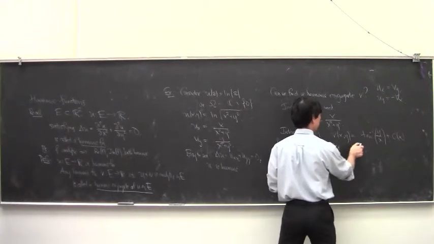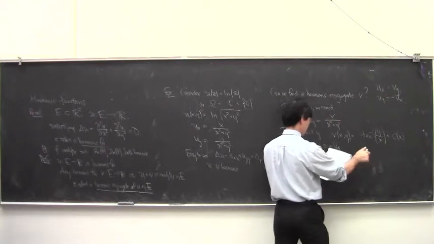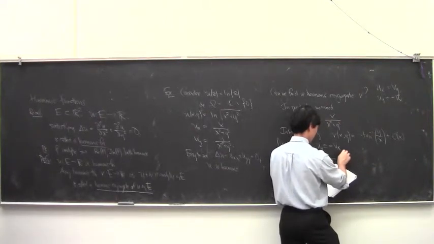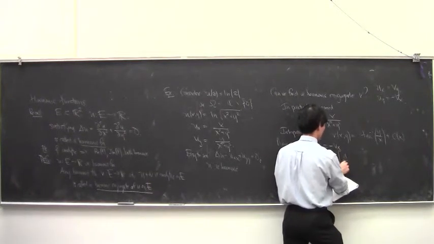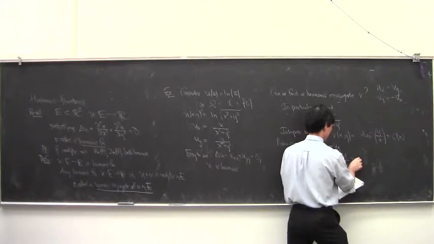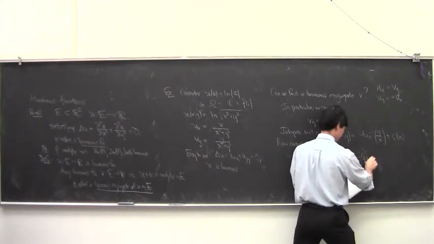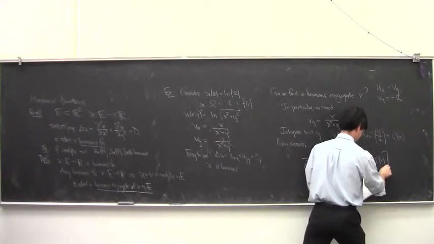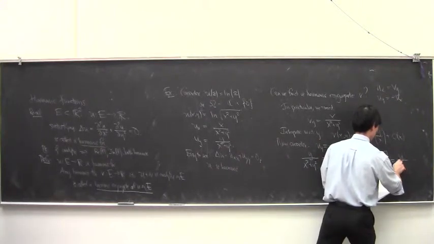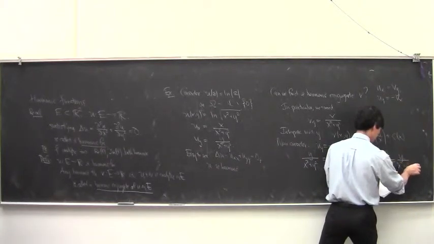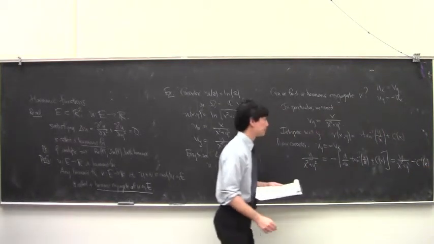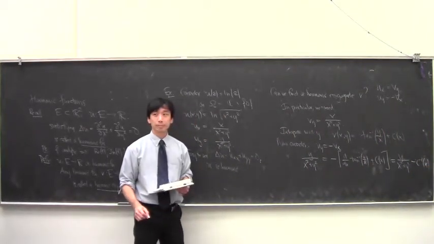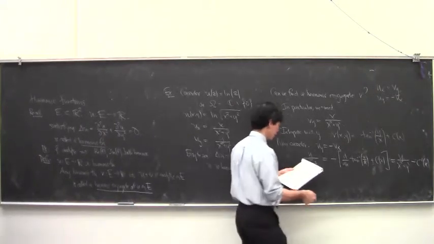Negative v sub x, we take the derivative of the arctan plus the function, and when you work it out, it ends up being y over x squared plus y squared minus c prime of x.